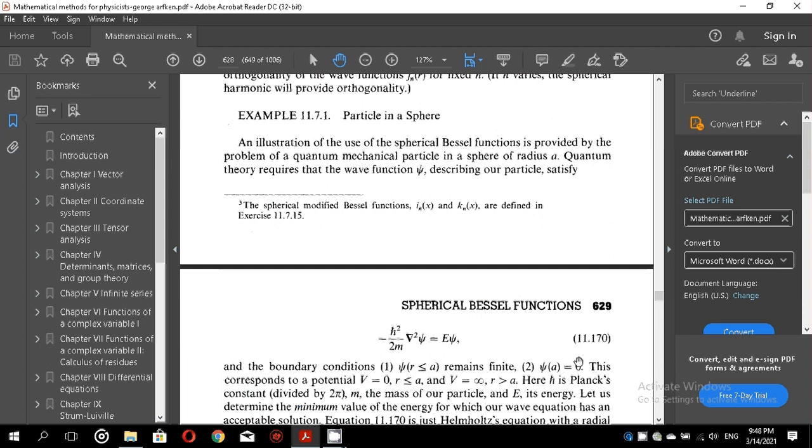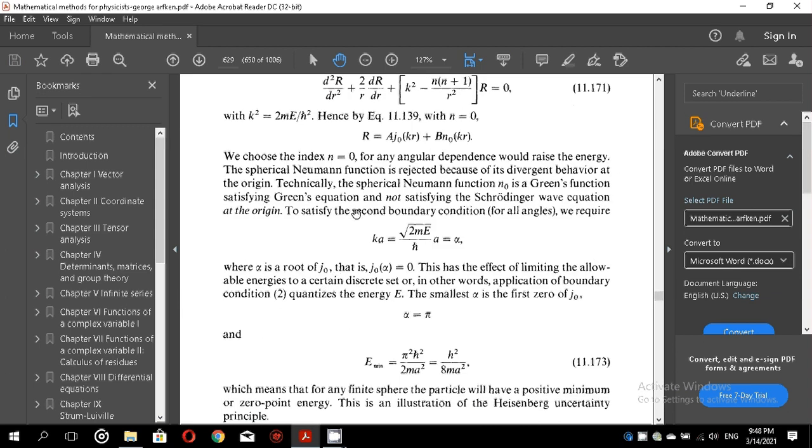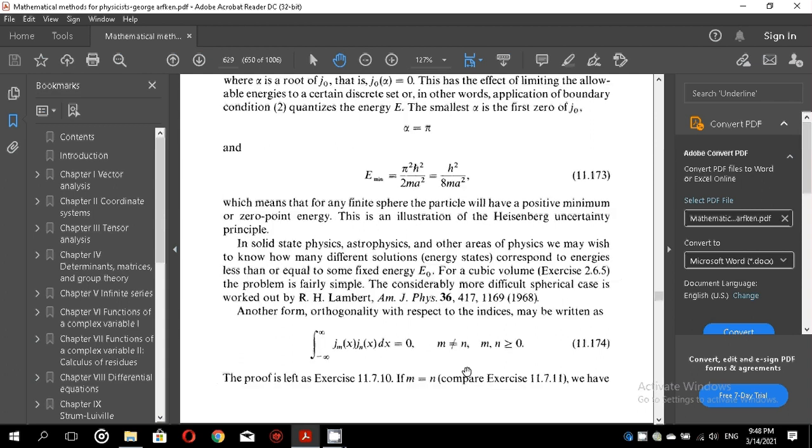So I would again suggest that you go through my notes to see the discussion of the particle in a sphere and all these steps. There are several jumps here, but you can fill these by consulting my notes and reach equation 11.173, which gives the energy eigenvalues, the minimum energy of this quantum mechanical system in which a particle is contained in a sphere.